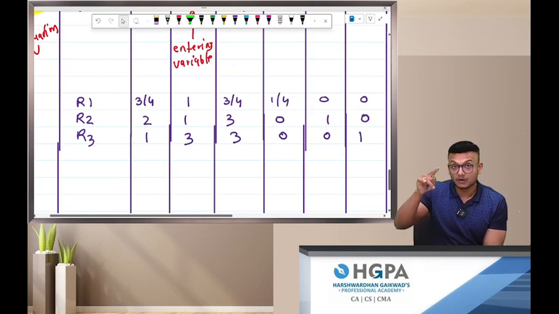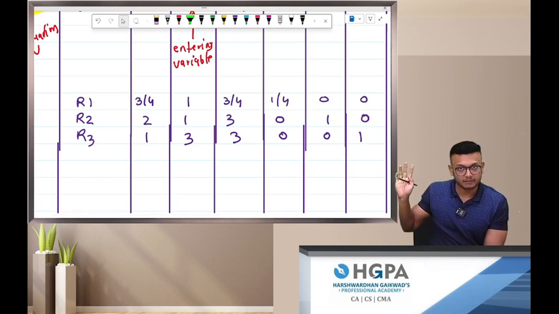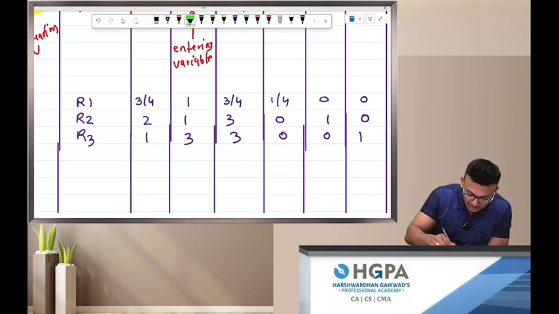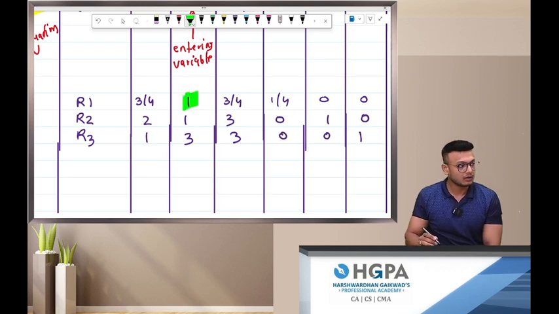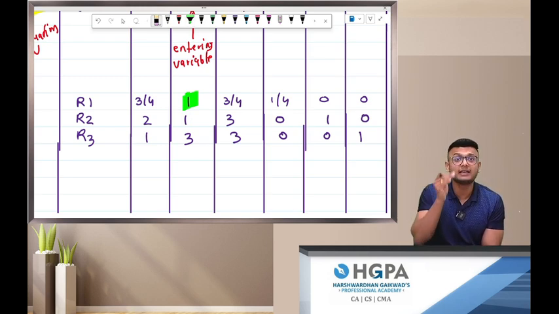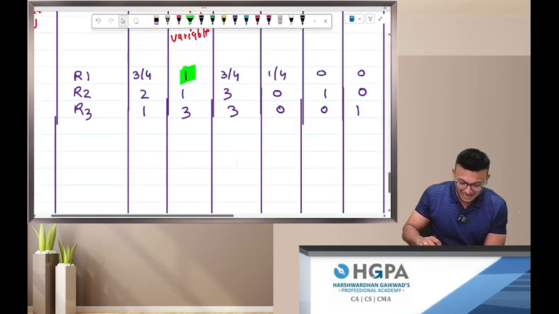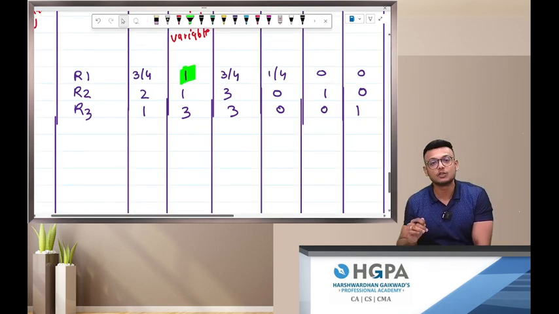What is that? To convert the pivot element into 1. We have already done it. We have to divide the row by the same number. But for the next numbers, see, this is already done. Now we want the other two numbers, this and this, to be converted to 0. Now you think and tell me, how can we change that into 0 and 0?